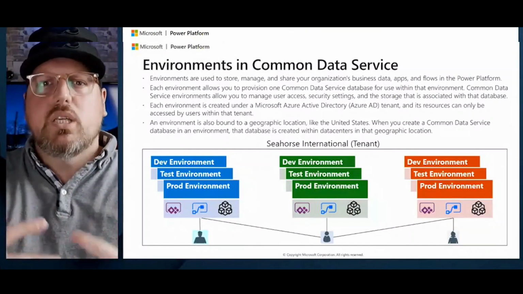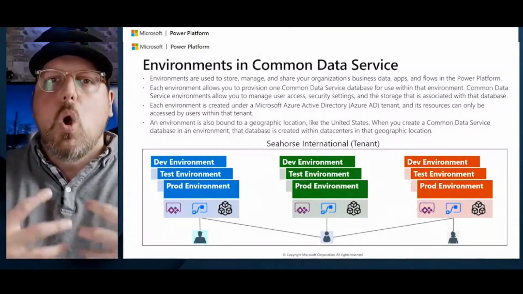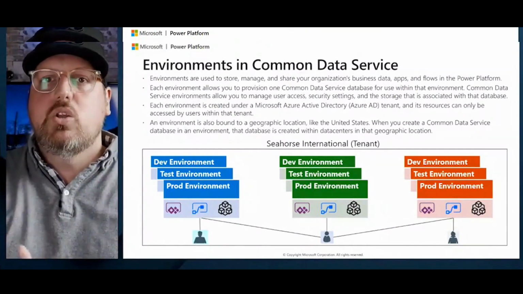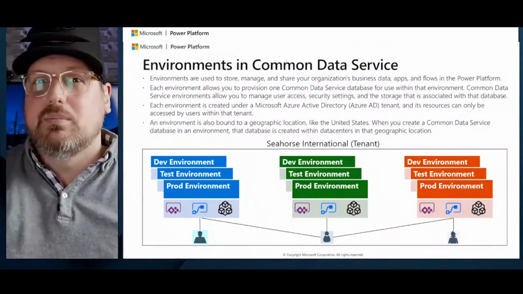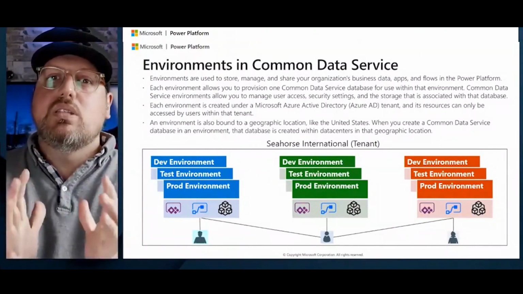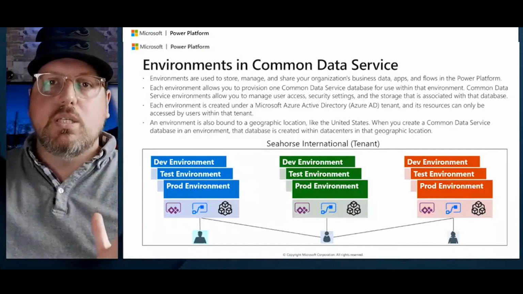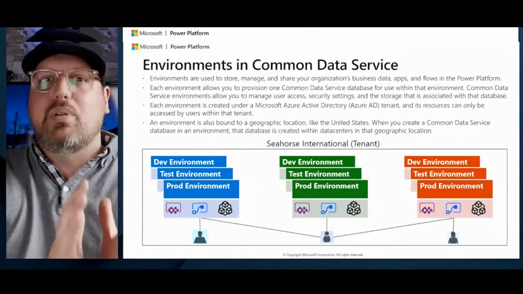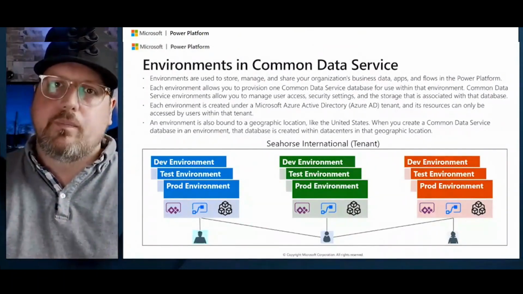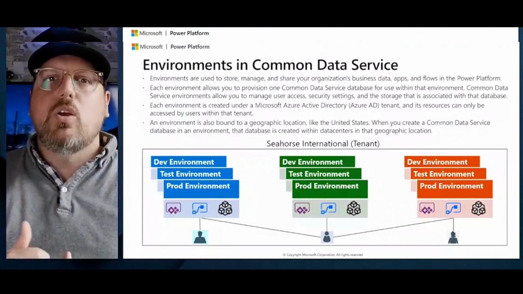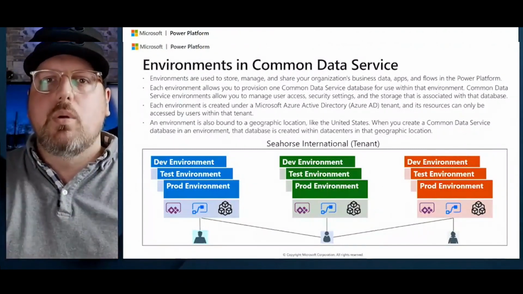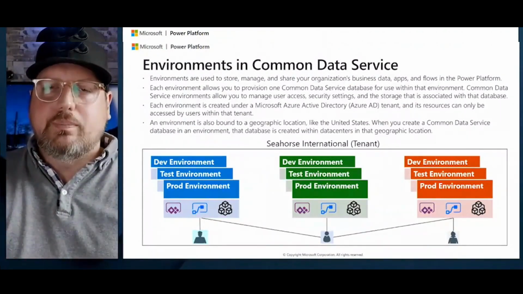And then once you're done with QA, you might want to move everything that is in there into your production environment. So this is where you can use environment not only for geographic reasons, you can also use it for application lifecycle management. But there's another reason why you might want to use multiple environments in your organization.